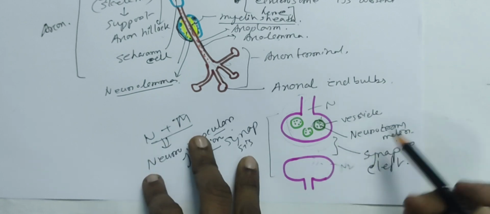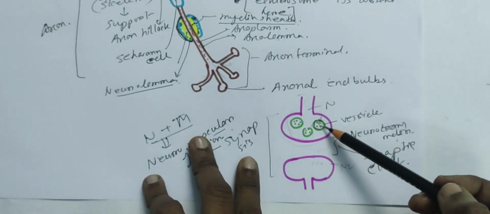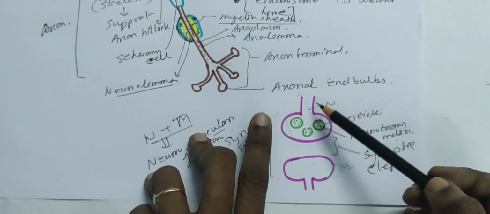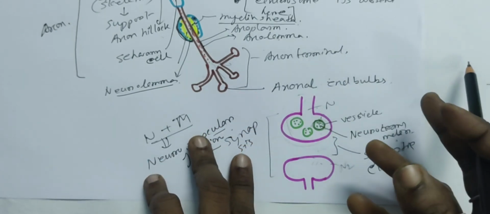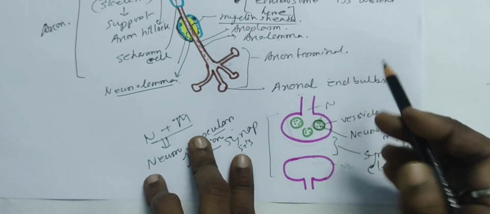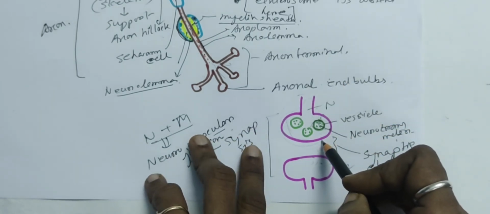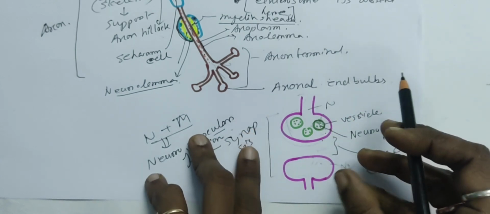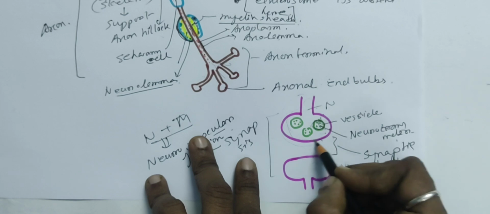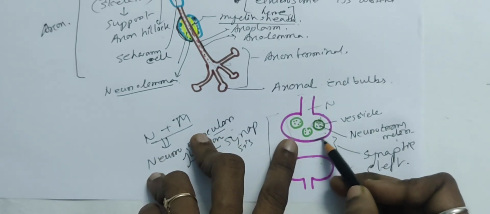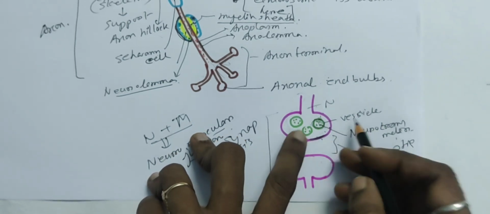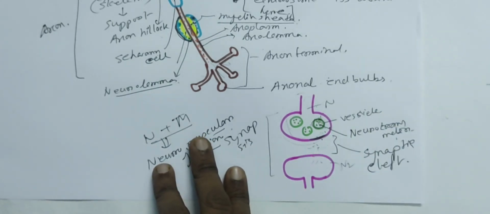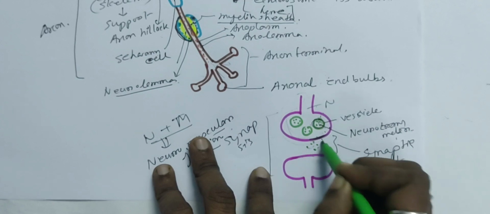So what does the neurotransmitter actually do? Look at the diagram. When the impulse comes, an action potential is generated, and by the action potential the impulse comes to the end of the axon terminal. When they are excited, the vesicles come to the extreme part and attach with the membrane, and release the neurotransmitter in the synaptic cleft.